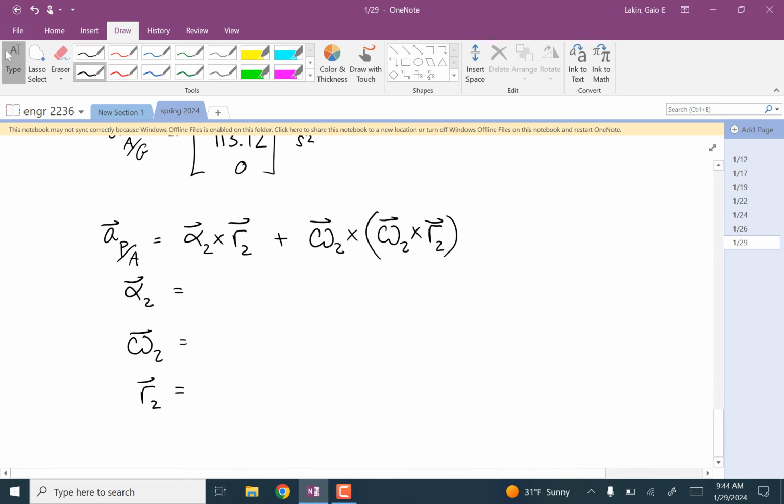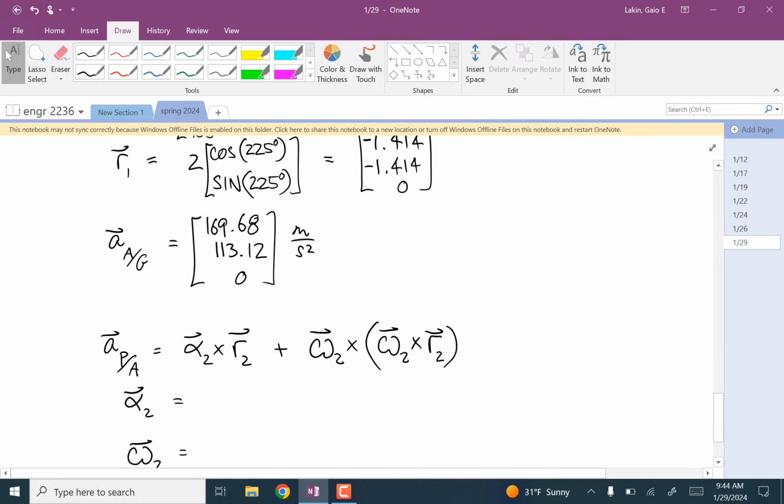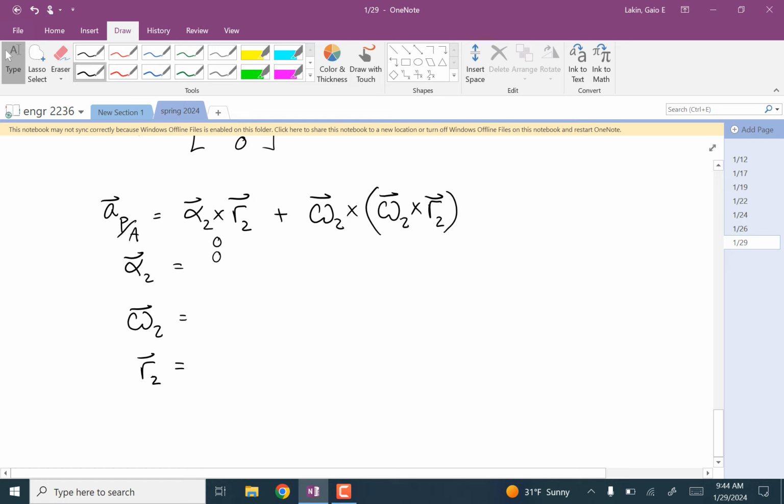So, for the second body, the lower body, the whole idea of this exercise is that alpha and omega are going to be the same for the two bodies. So alpha is going to be 0, 0, 20. Omega is going to be 0, 0, negative 10.